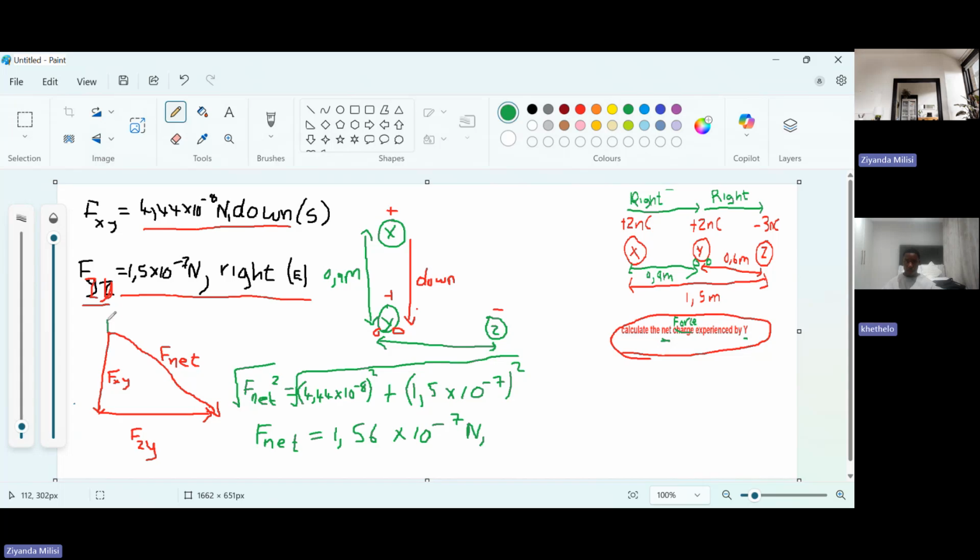Then the direction, because we can't say to the left or to the right for this F net, we need to put a north pole there, at the tails. There is a north. Then we need this angle from here until you reach the resultant; it's a bearing.